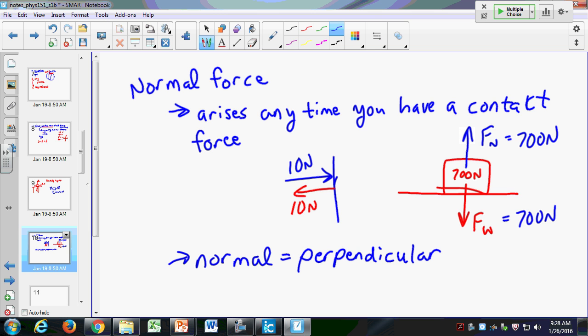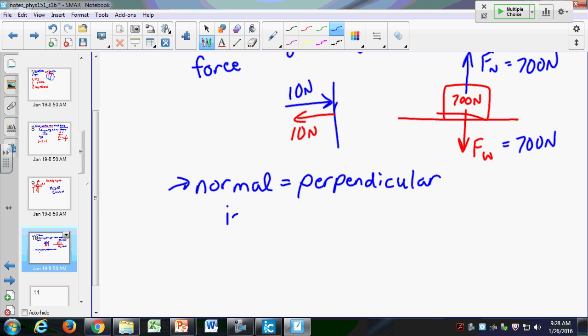And so the normal force will always be perpendicular to the surface. This symbol means perpendicular because it's a picture, right? It's like a pictogram because these two lines are perpendicular to one another. So the normal force is always perpendicular to the surface.